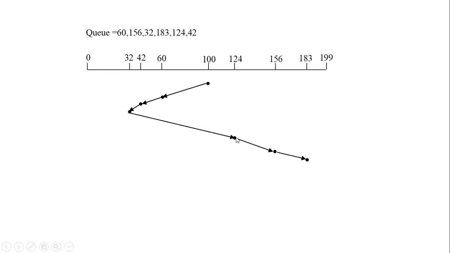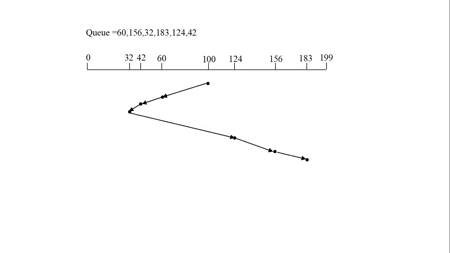So now when it moves towards 124, there is a request. So next, the request is at 156. Next request is at 183. So beyond 183, there is no outstanding request. So the head reverses its direction after servicing 183. So this is the look algorithm.